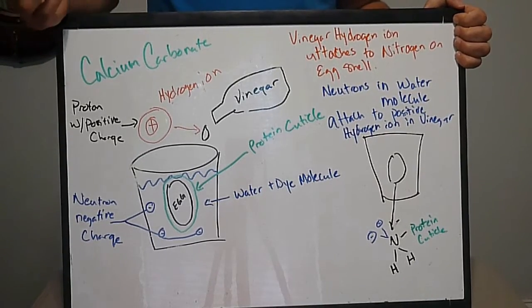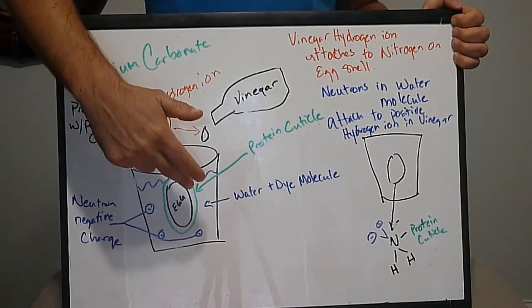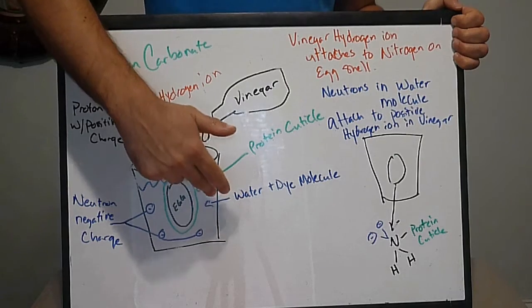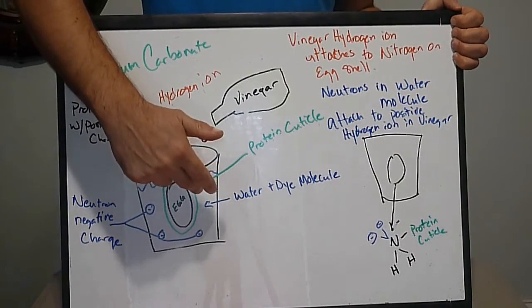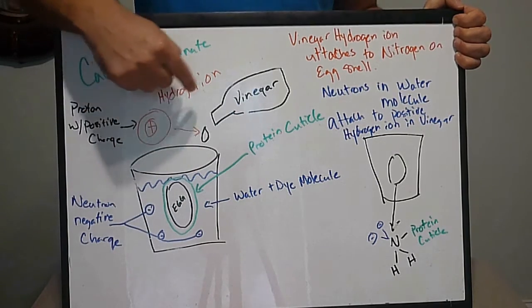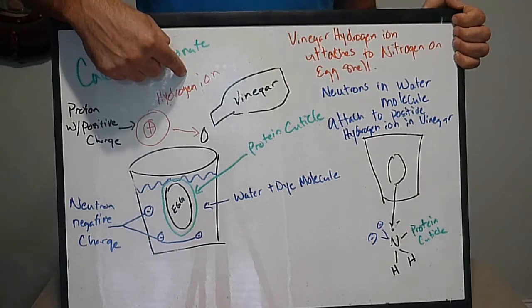So, once all of these have attached themselves, the dye has now attached itself to the eggshell because of the charge from the vinegar, the hydrogen ion.